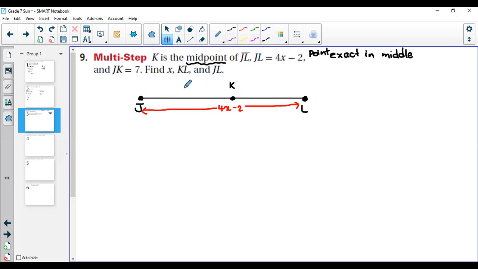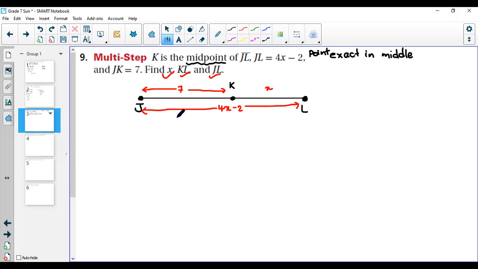So J to K is 7. So this part is 7. Find x. So we need to find three things here. Find x, find KL, and find JL. So of course, to write an equation, I need to have this remaining part. So let me name that part also as x.